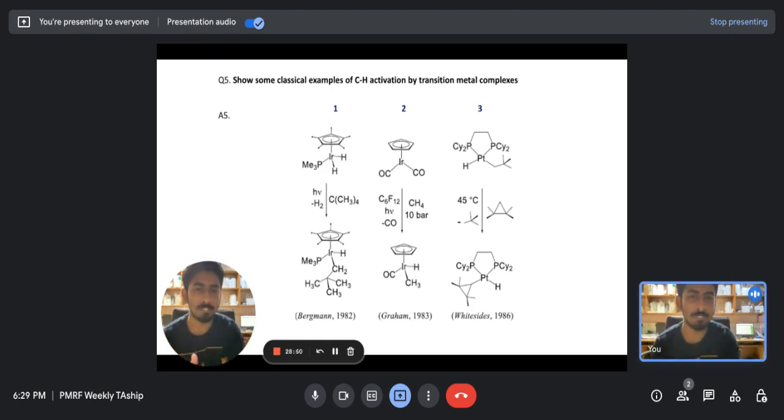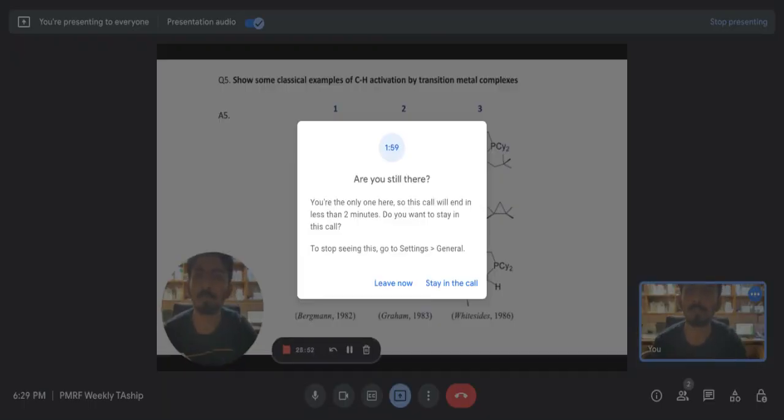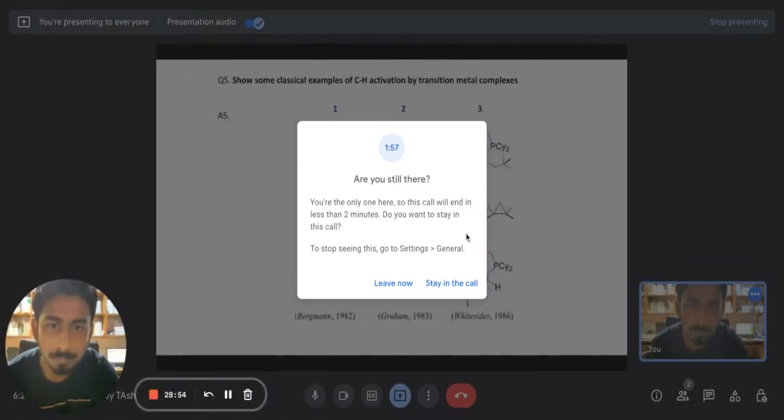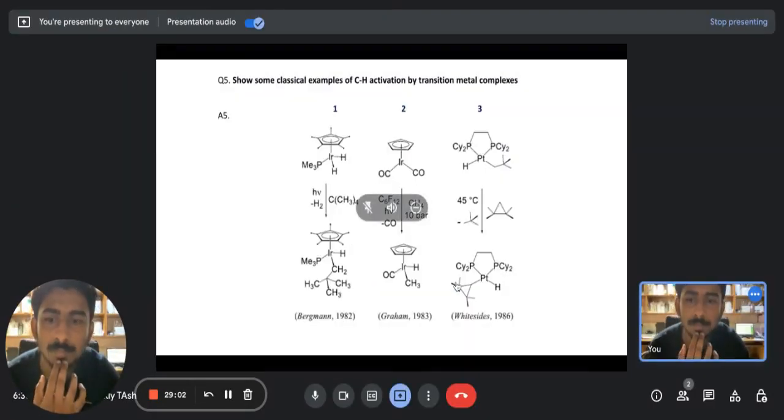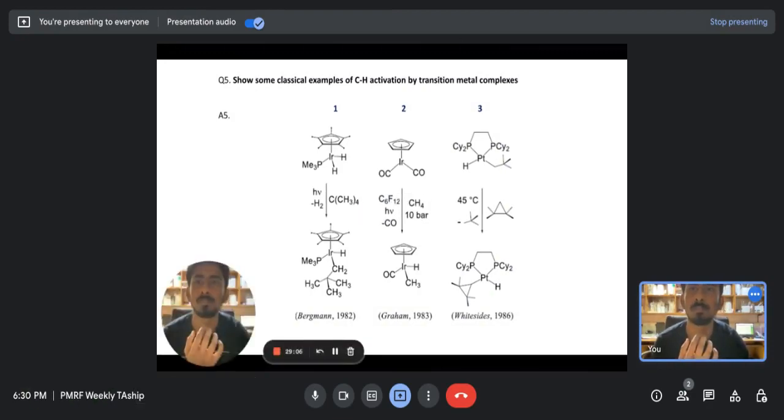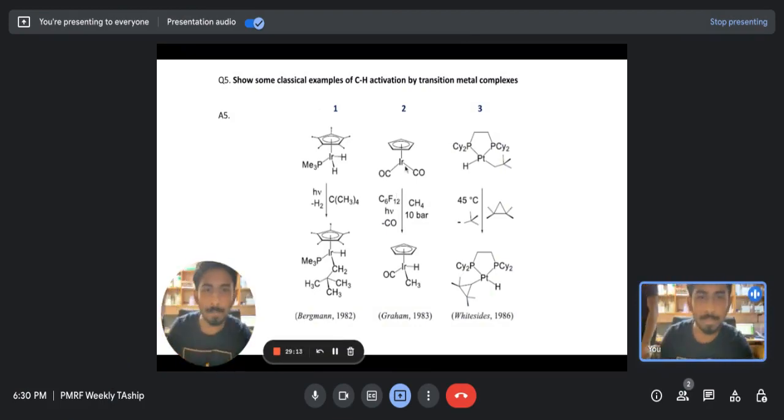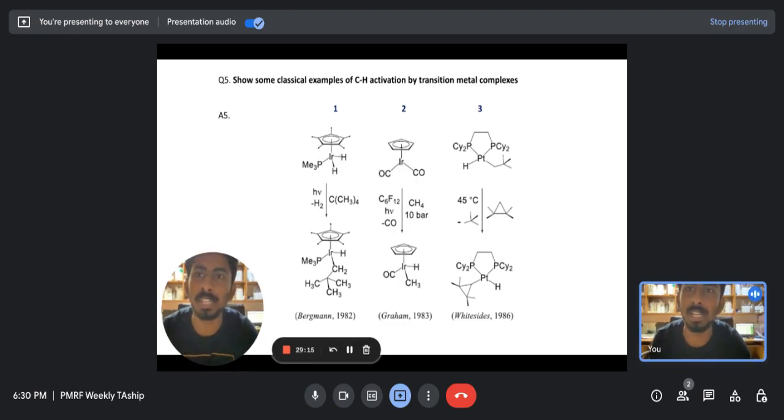They are photolytically cleaved. This is the case where one of the CO molecules is eliminated from the iridium.